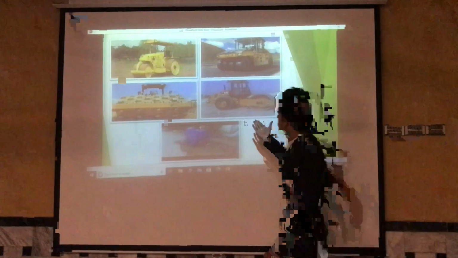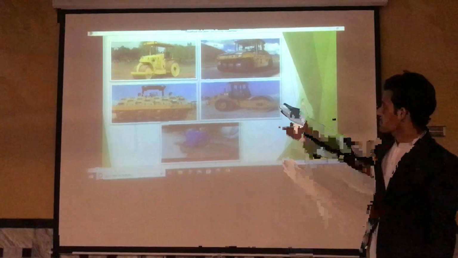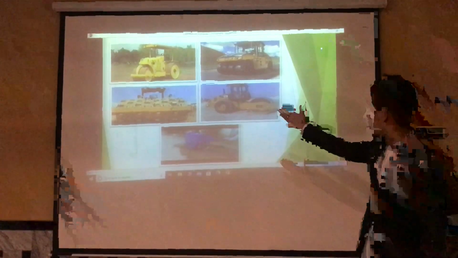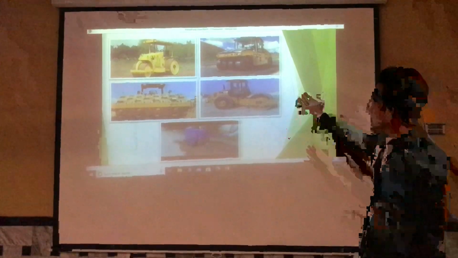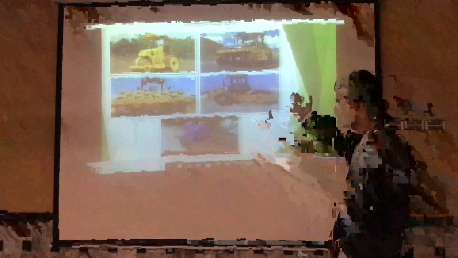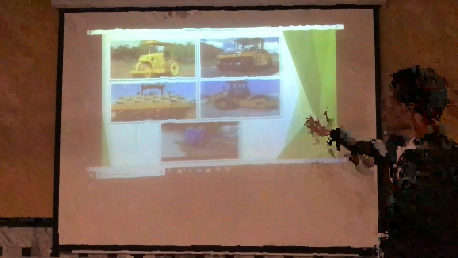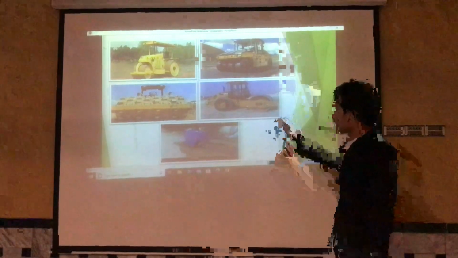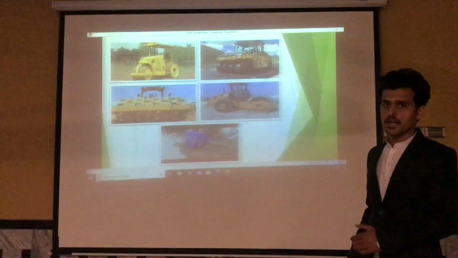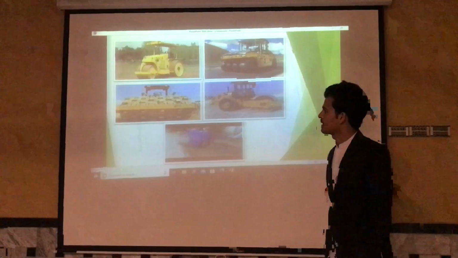And these are the pictures, the overview of the different types of rollers. First one is the smooth wheel roller, second one is the pneumatic or rubber tire roller, third one is the sheep foot roller, fourth one is the vibratory roller, and fifth one is the hand-held roller.